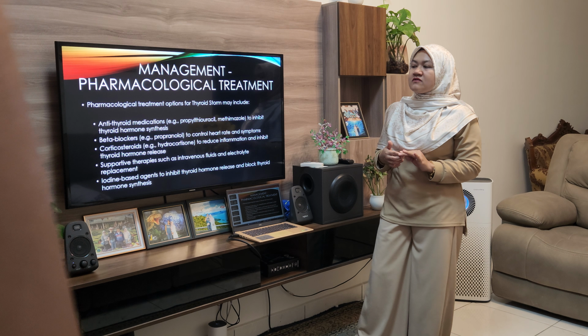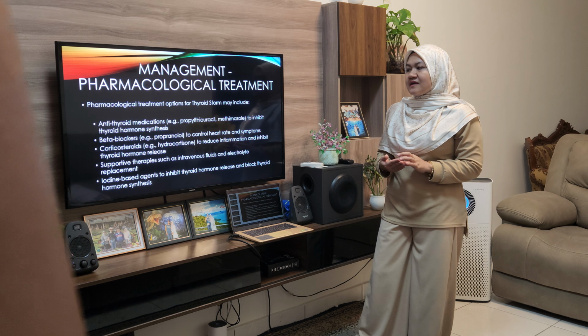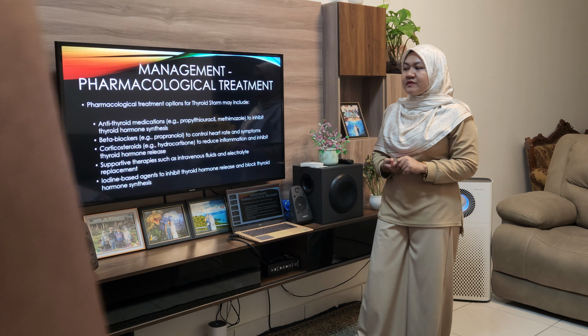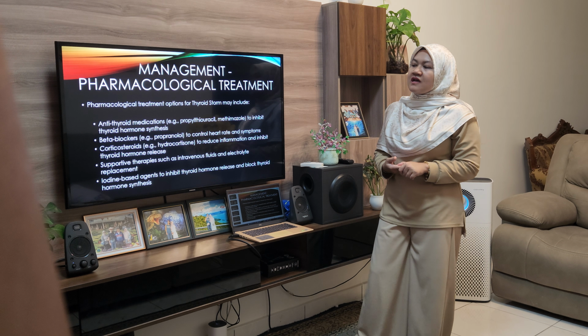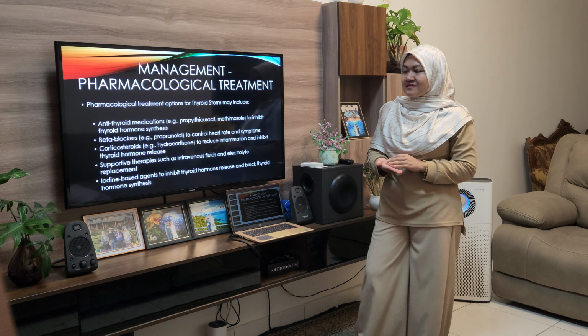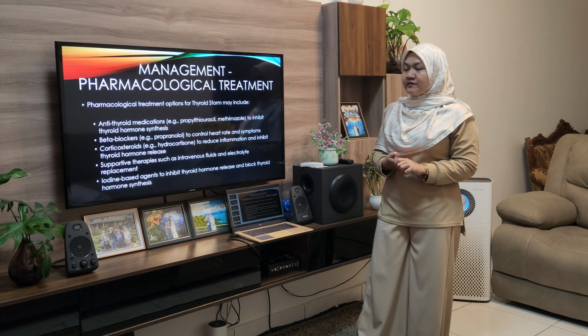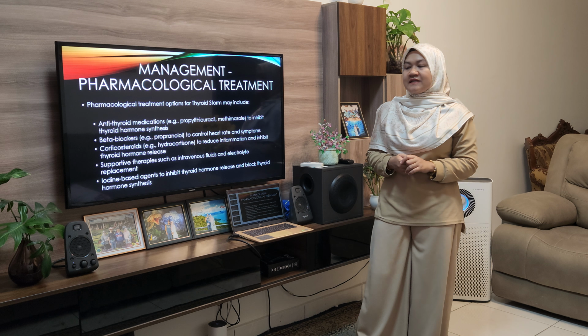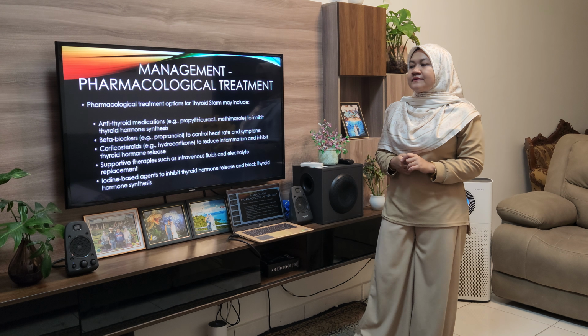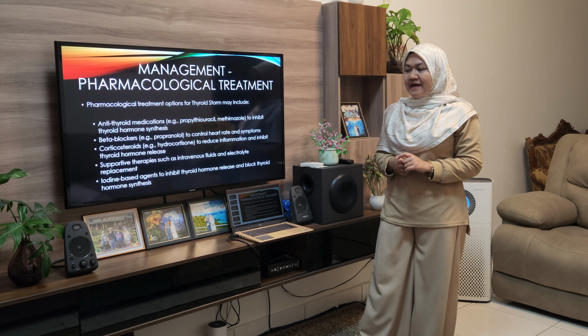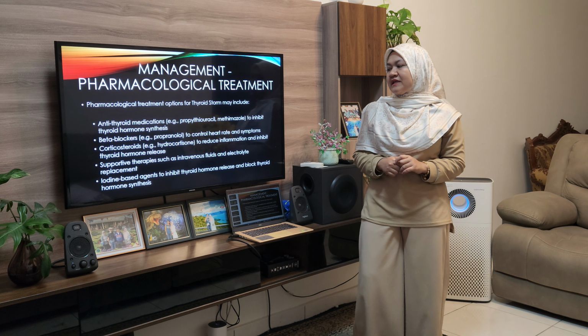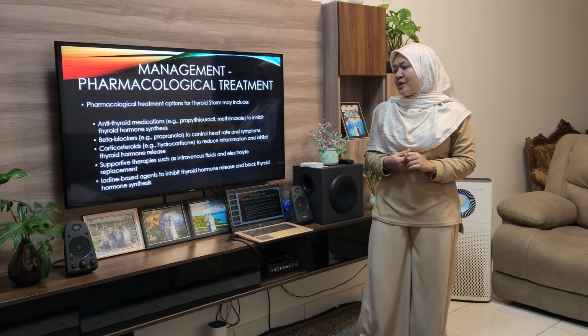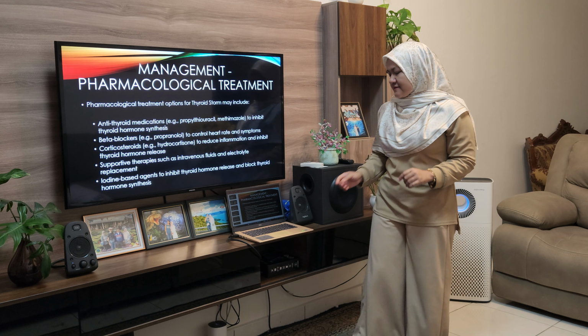And we give a corticosteroid such as hydrocortisone to reduce inflammation and inhibit thyroid hormone release. The fourth one is supportive therapy such as intravenous fluid and electrolyte replacement. And the last one, we give an iodine-based agent to inhibit thyroid hormone release and block thyroid hormone synthesis.